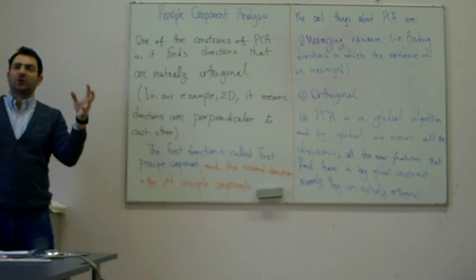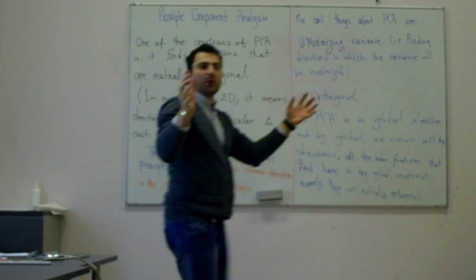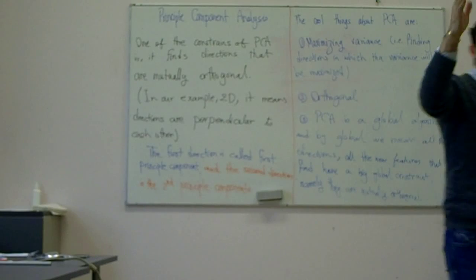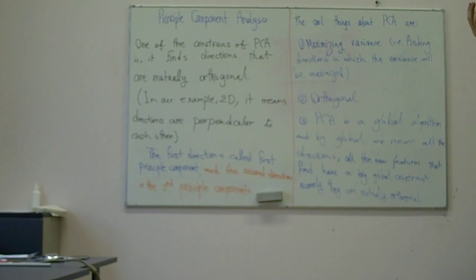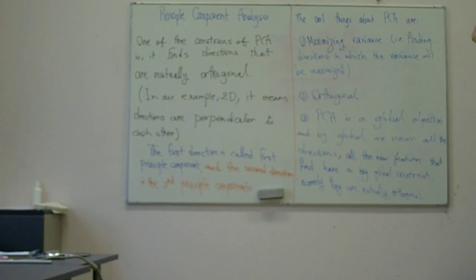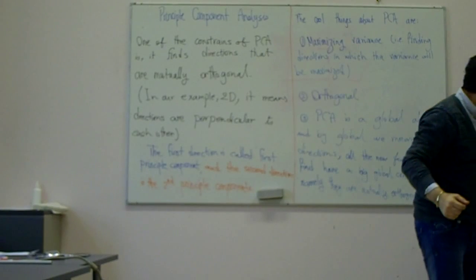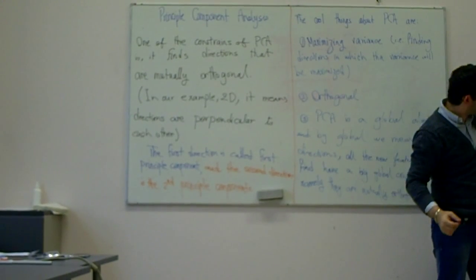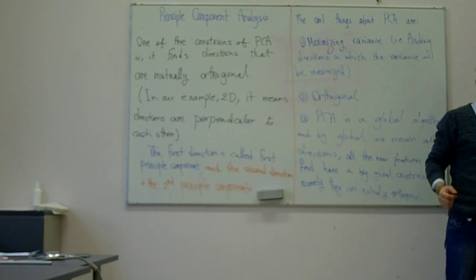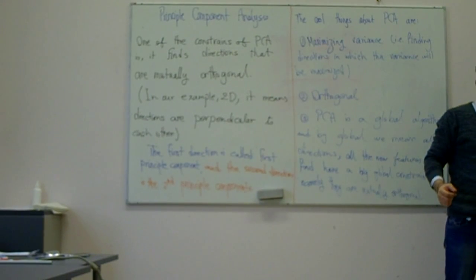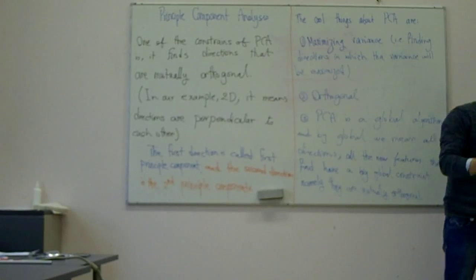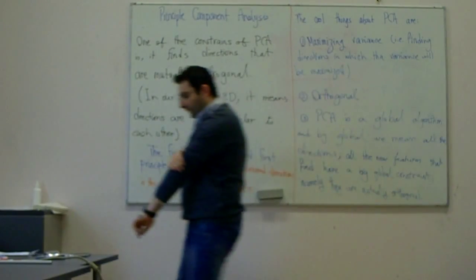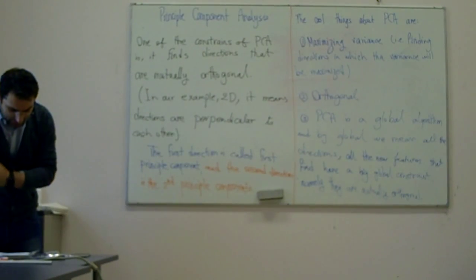If two vectors are orthogonal, and if I project one on the other one, what do I get? If I project this axis, the orange one, on the blue one, or x2 on x1, what do I get? A point. I do not get another vector. So this is a very important fact that we have to consider.